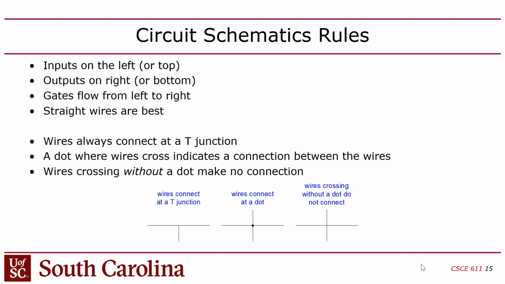If you have a very low-level schematic, you might have logic gates in it, like the kind that you saw in 211. But as you get higher in the design hierarchy, the schematics are represented as block diagrams, where everything is just a block, because there aren't symbols defined for components except at the very lowest level.